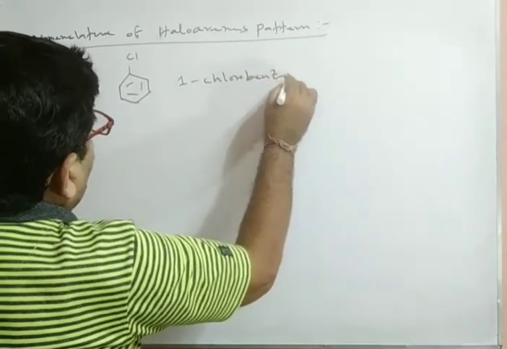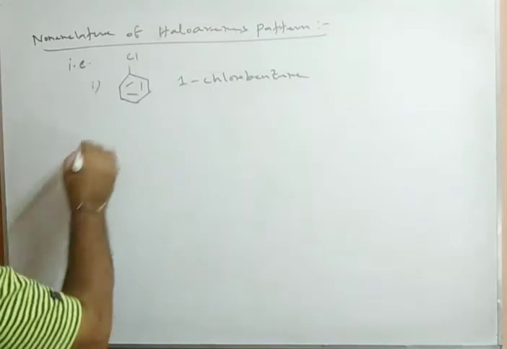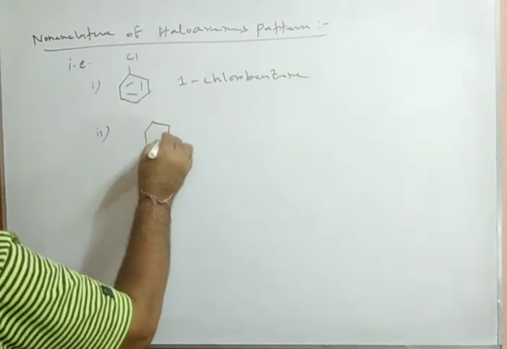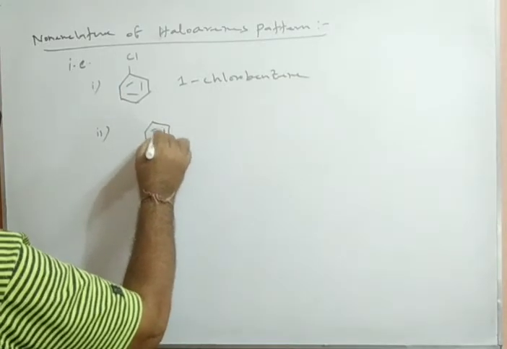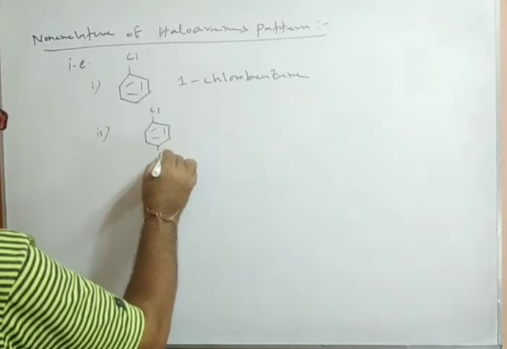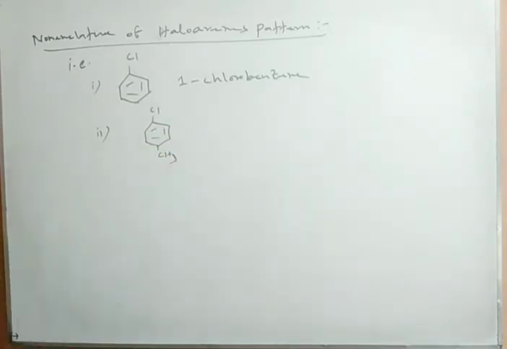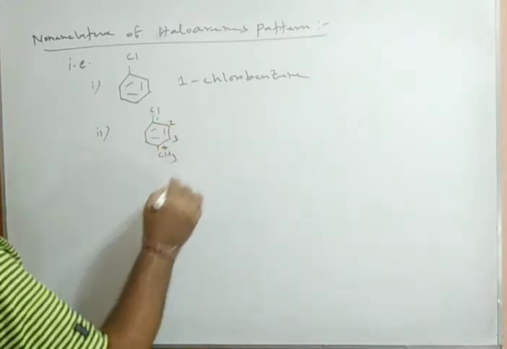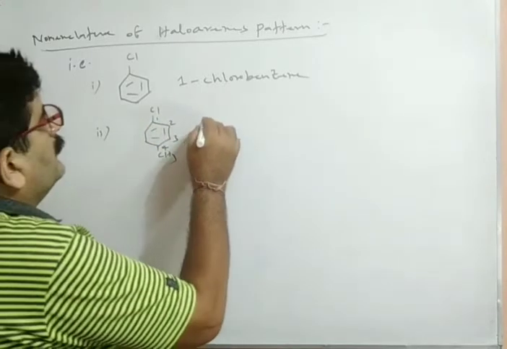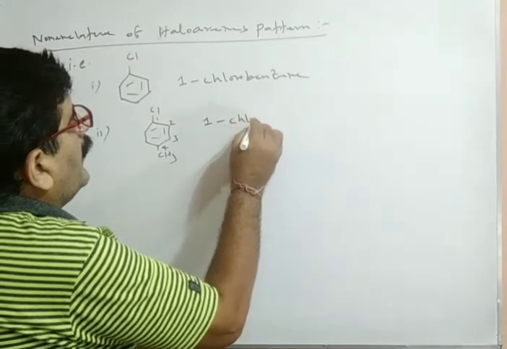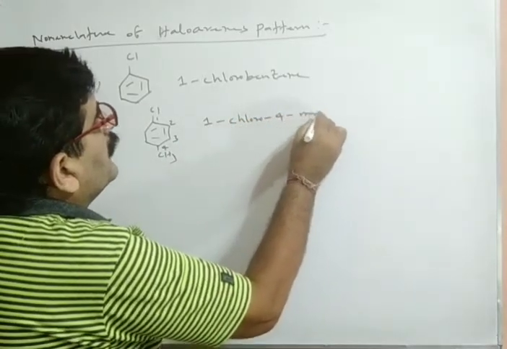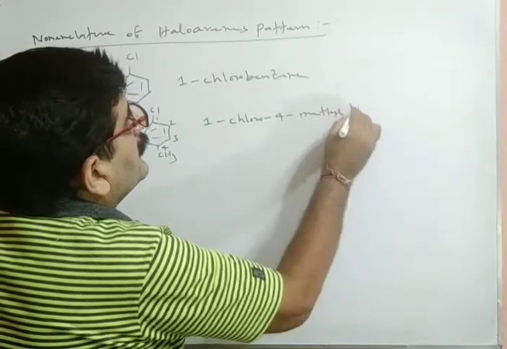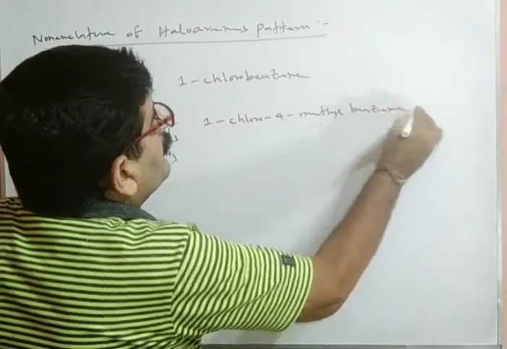Chlorobenzene. Suppose this pattern of compound is given, the substituent group always goes to the minimum position. So the name of this compound is what? 1-chloro-4-methylbenzene.